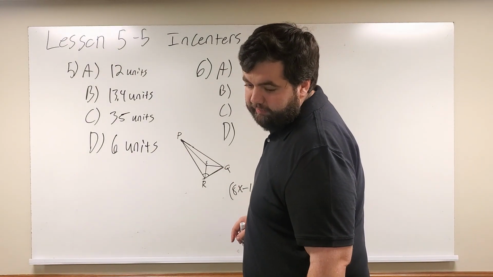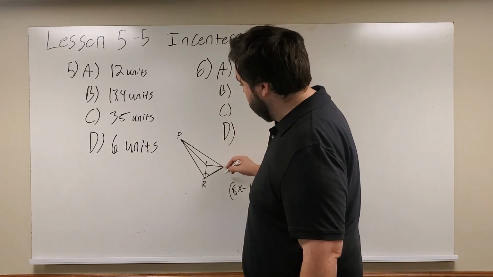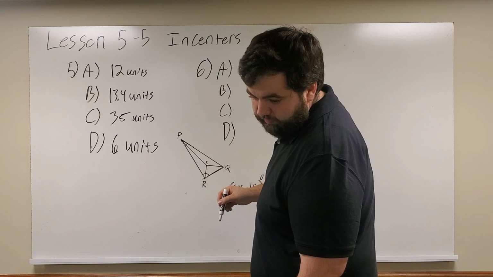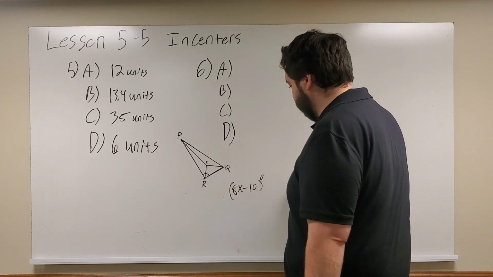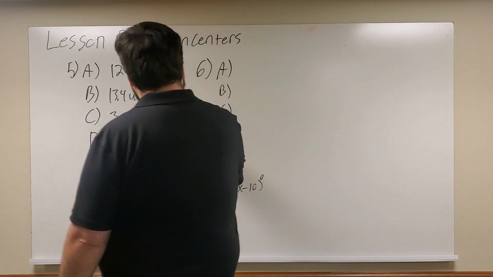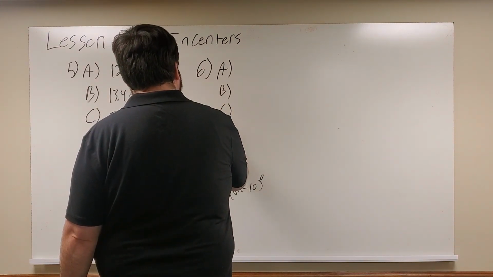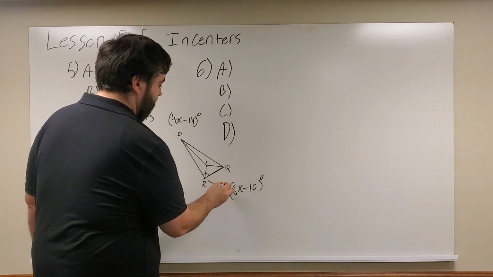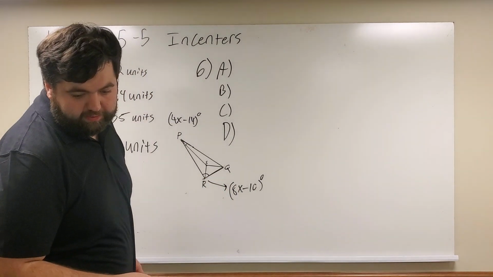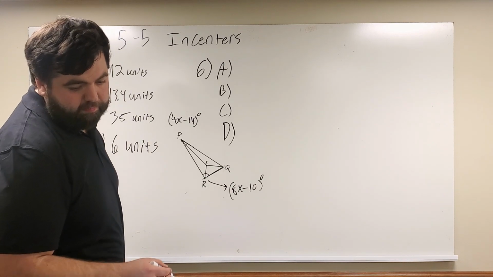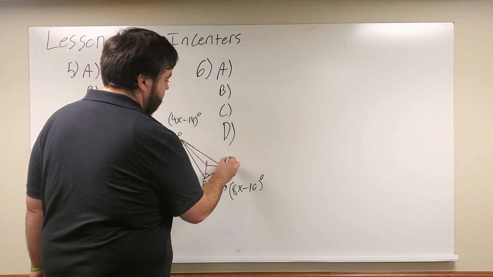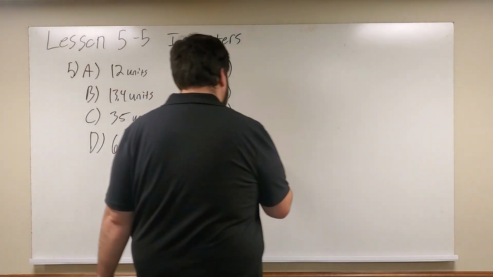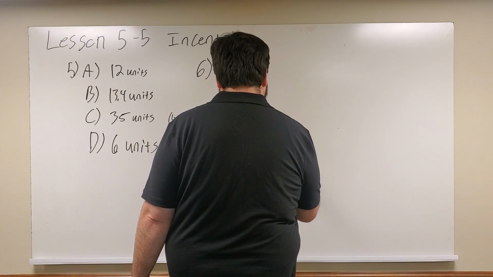And then the measurement of angle RPQ, so this whole angle, that's going to be 4x minus 14 degrees. And then we have PQR, the final one, and that's equal to 7x minus 5 degrees.